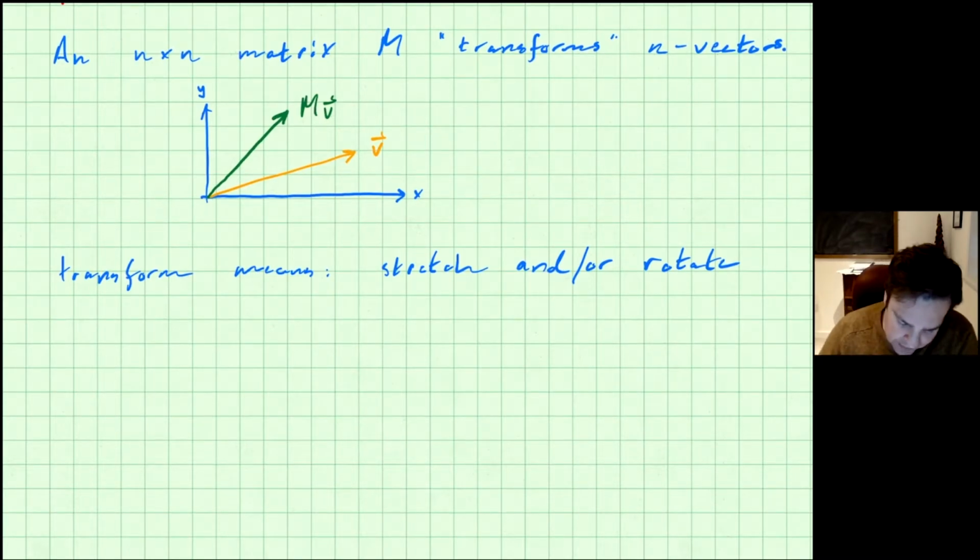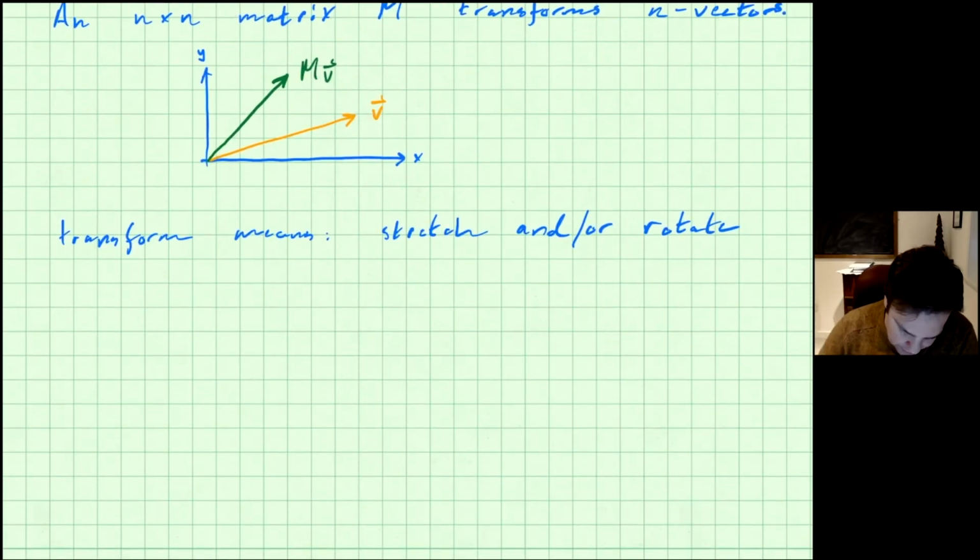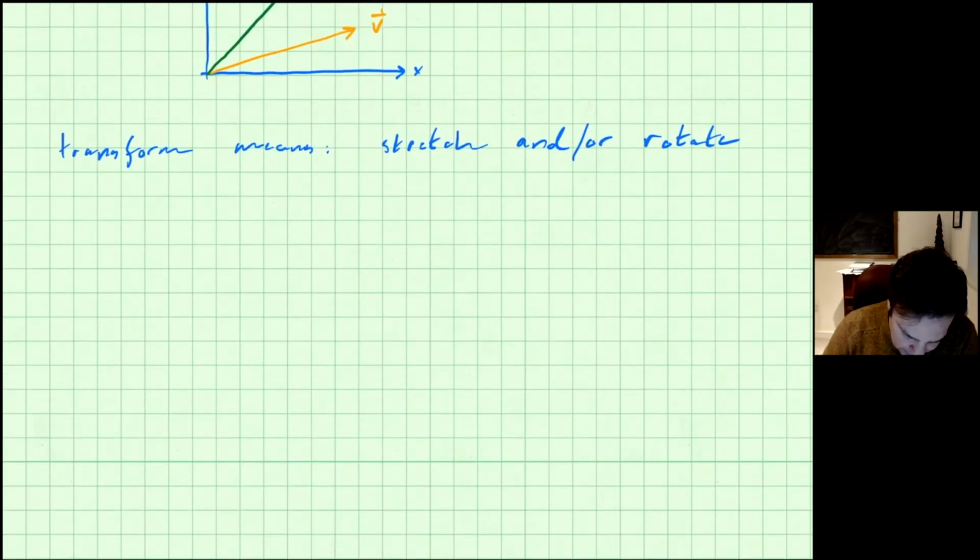And so an eigenvector and an eigenvalue are things associated with matrices, and they are vectors. They're special. They respond to multiplication by the matrix in a special way, and I'm just going to write out what that way is here.